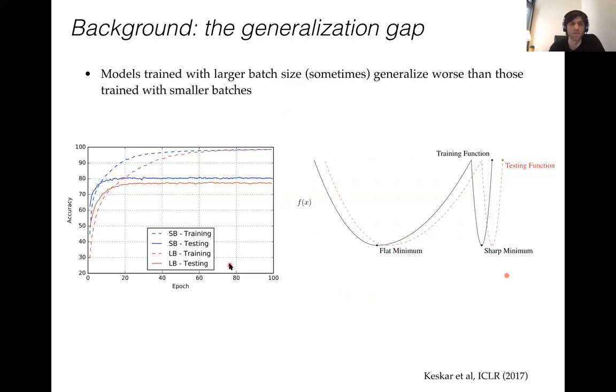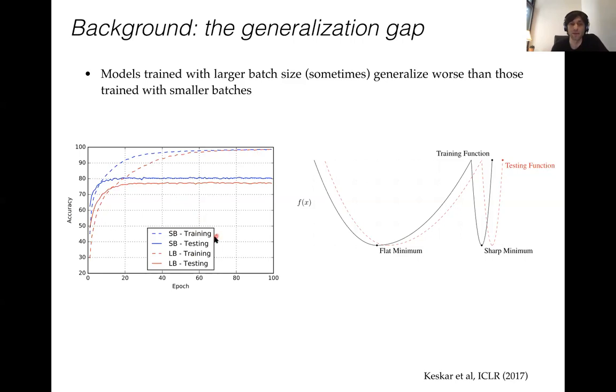This is an experiment from a paper from a couple of years ago where people trained a network either using stochastic gradient descent, with little batches of size like 100, or large batches, meaning the size of the whole data set. And in either case, if you look at the accuracy on the training data, they train out perfectly and get perfect performance.